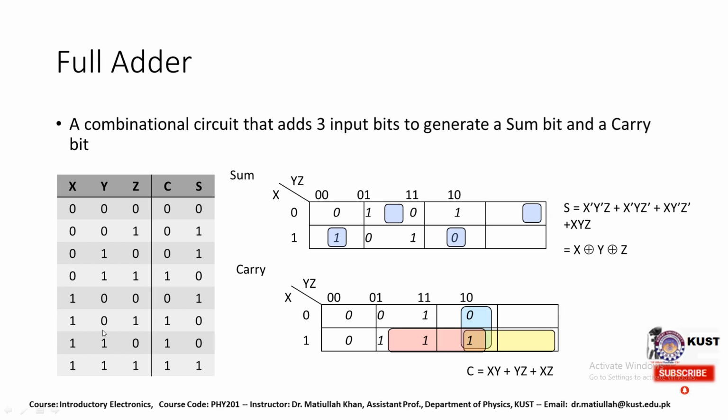And for the case where all inputs are on, that is 1 1 1, the output is also 1 1. So here we have the sum, that is normally the summation, and this is the carry. This is the basic formula, and from that we can have a full adder configuration.